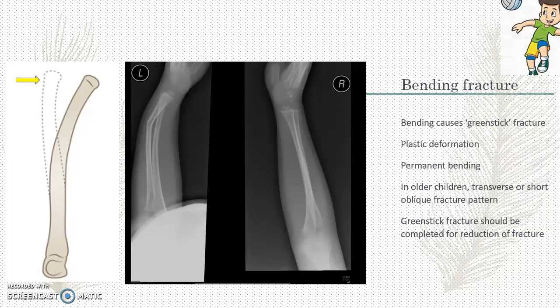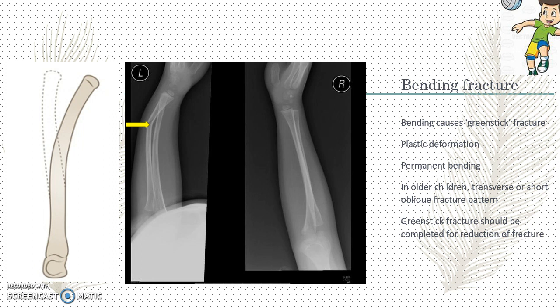When this bending force is increased, there is a failure of the cortices over the tensile side, as you can see with the yellow arrow pointing towards the failure of cortices on the tensile side, and this type of fracture is called a green stick fracture.